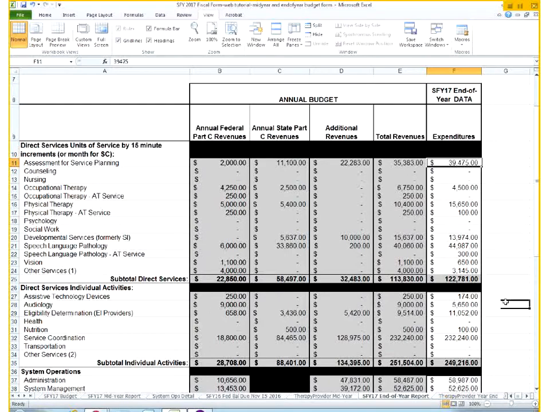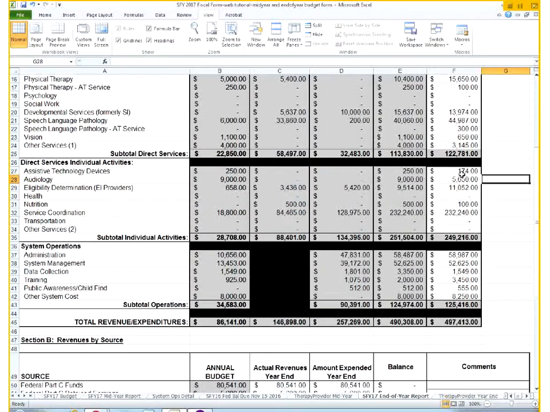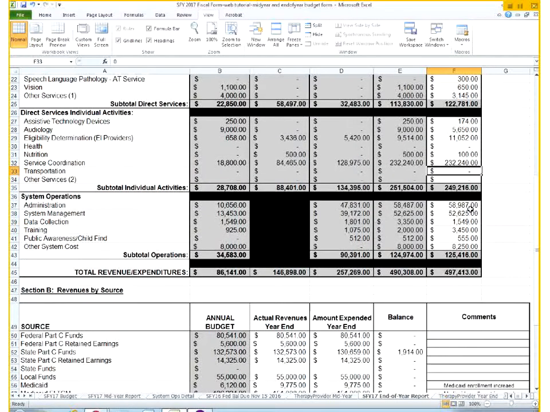Under direct services, individual activities, again, just like mid-year, you're going to report, again, how much was expended in the entire year for these areas here, okay? Under systems operations, again, we're going to do the same thing. We're going to report what was expended in administration, systems management, data collection, training, public awareness, and other systems costs.